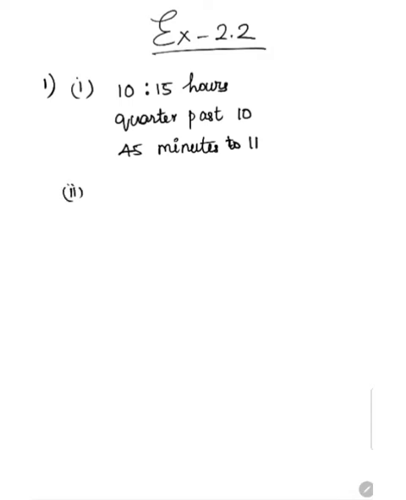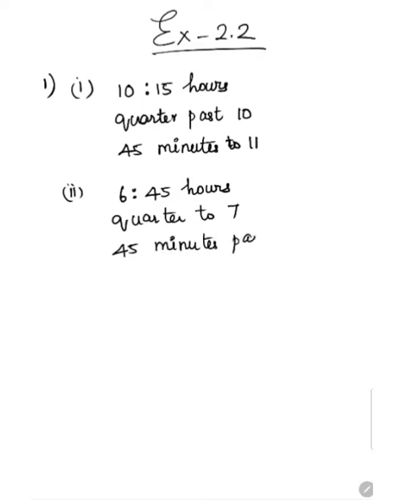The second one is 6:45 hours, or quarter to 7, or 45 minutes past 6.